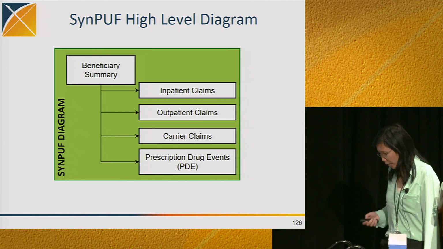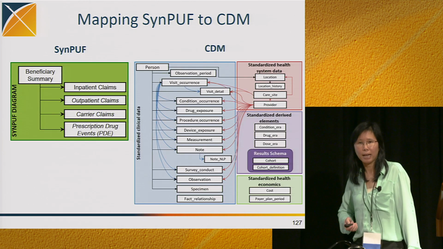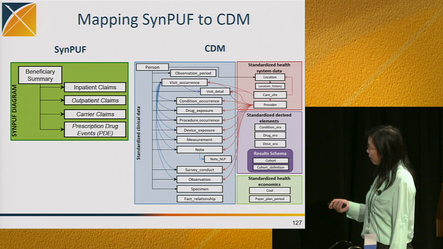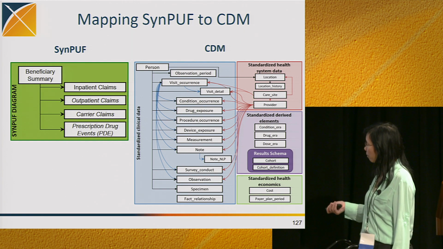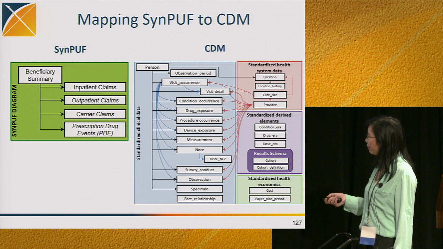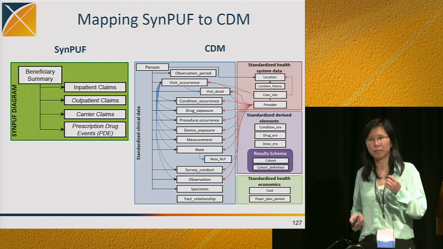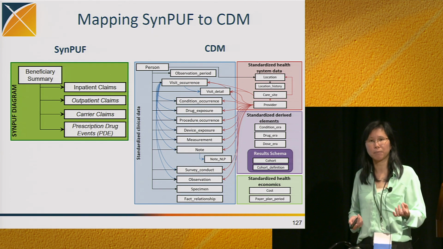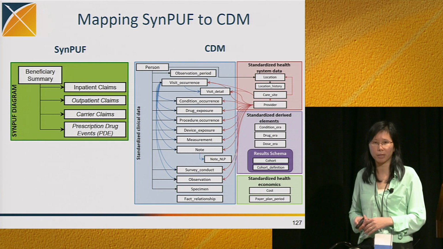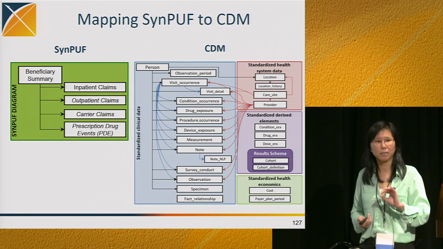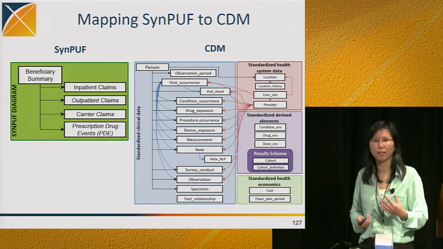So an Odyssey team went through and did the ETL job for what you see now and actually mapped these over to the model. And then published that to the public. So the CDM converted version of the SynPuff data is actually available out there on the Odyssey website. So if you want to download that and play with it yourself, you can, because the box that you have will be shut down tonight.